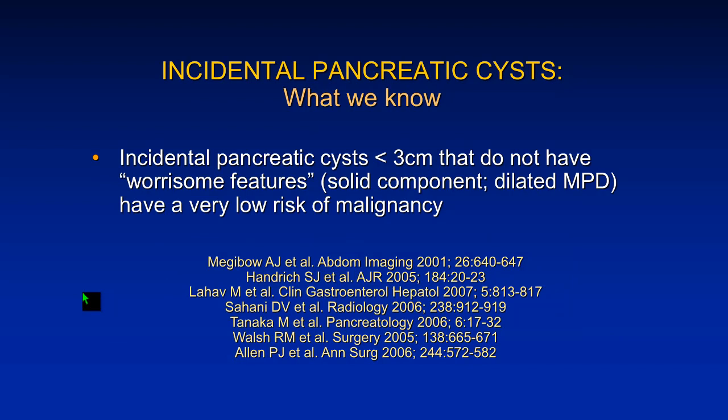On the other hand, an incidental pancreatic cyst that is smaller than 3 centimeters and does not have any worrisome features like a solid component or a dilated main pancreatic duct has a fairly low risk of malignancy, and various studies have estimated that that risk is in the range of maybe around 1% to 2% per year.